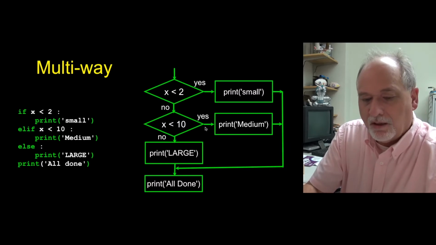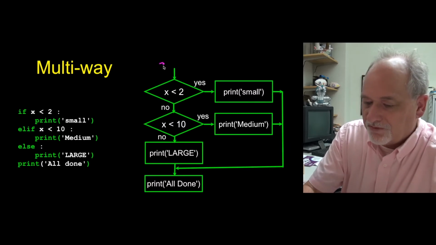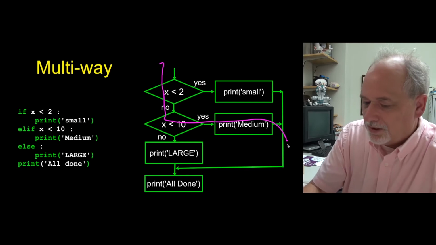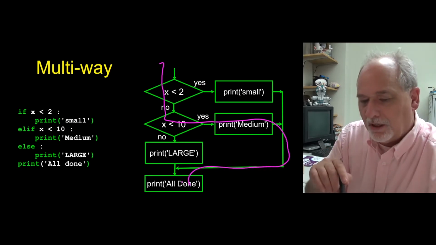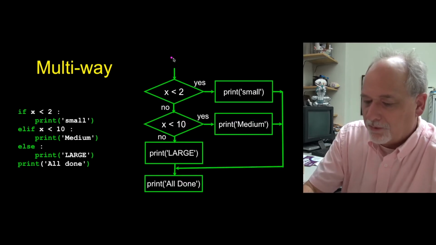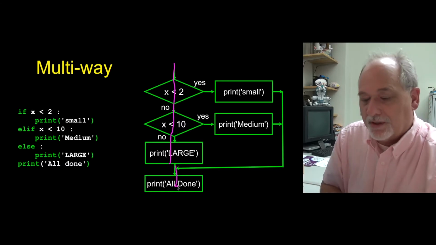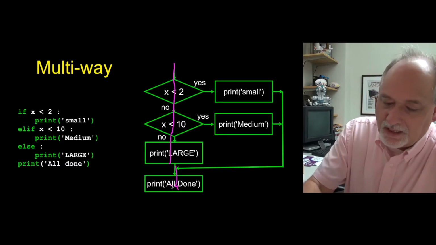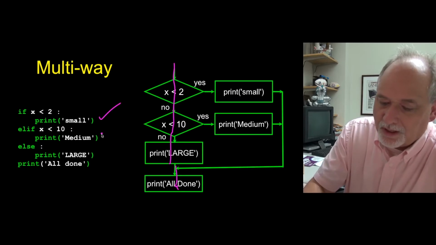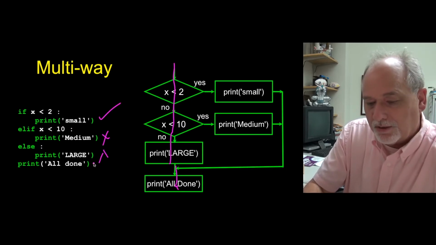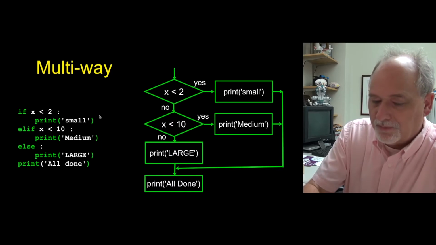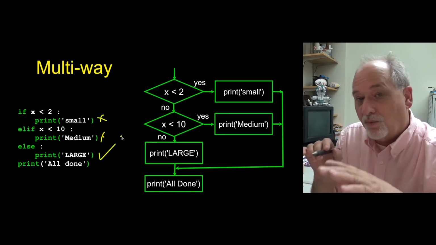If the first one is false and the second one is true, it runs this one and it's done. And if neither of them are true, it falls through, and there's an else clause that is otherwise, and it runs that. So basically, it's either going to run one and then skip the other two, or it is going to skip one, skip two, and then run this one. But it only runs one of them in this case.